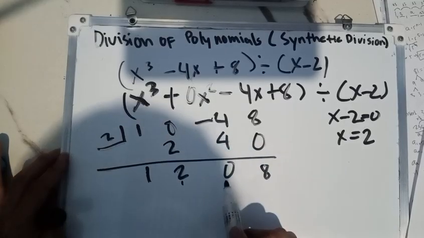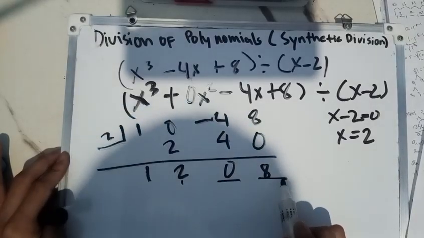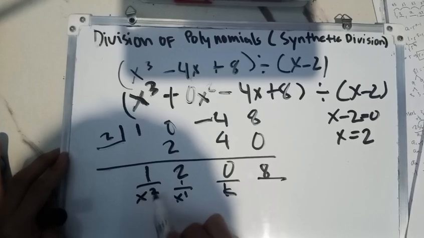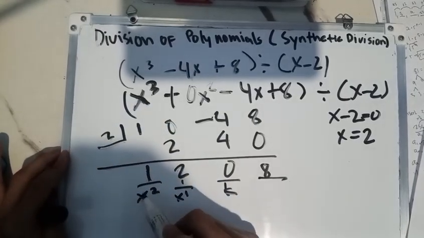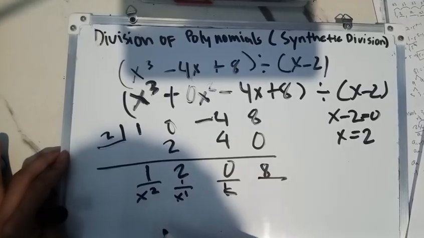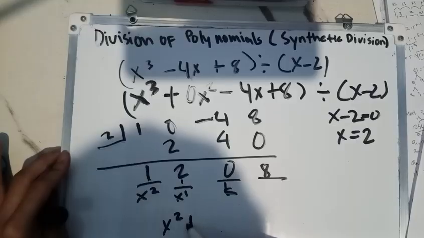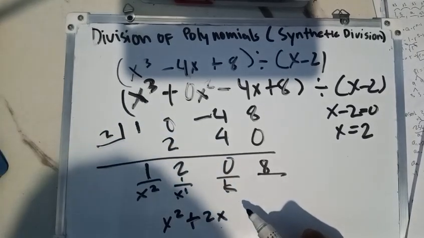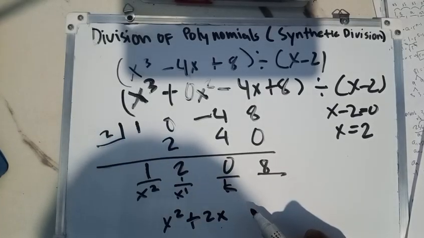So let's first write our polynomial. If this is the remainder, this is the constant, this is x raised to 1, and this is x raised to 2. So 1 x raised to 2, or simply x squared, plus 2x. Now since we have a 0 constant, we won't write plus 0 because it is redundant.